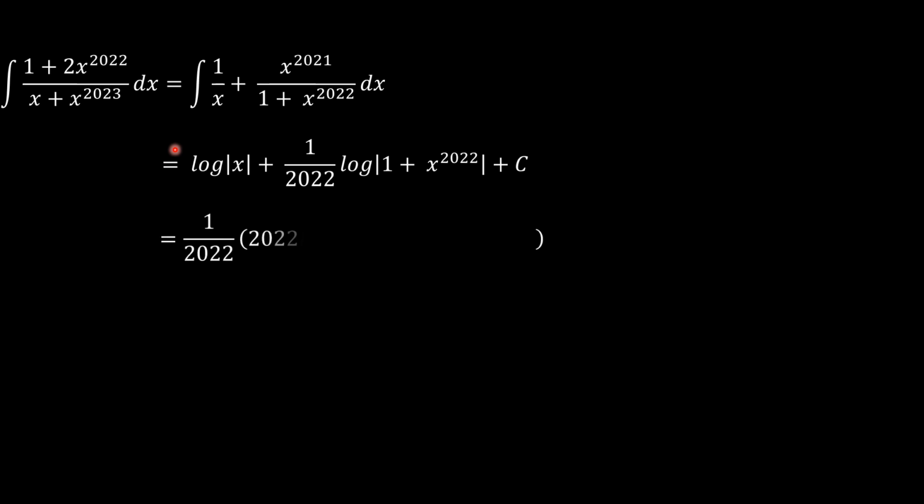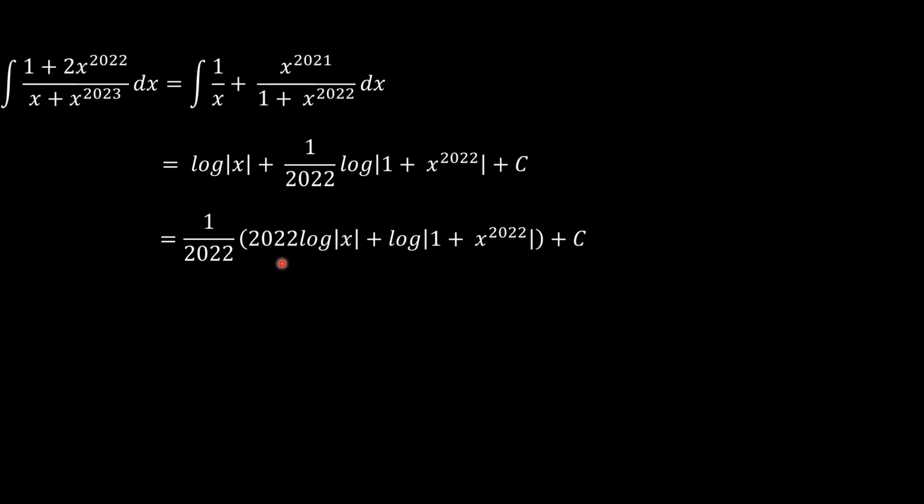And so if you multiply 2022 across and then pull out the constant here, you have 2022 log x plus log of absolute 1 plus x to the power 2022.